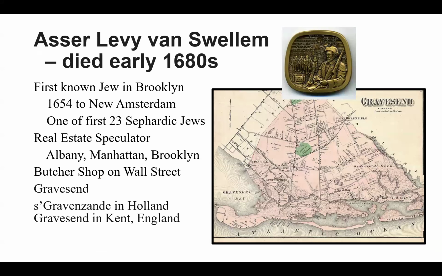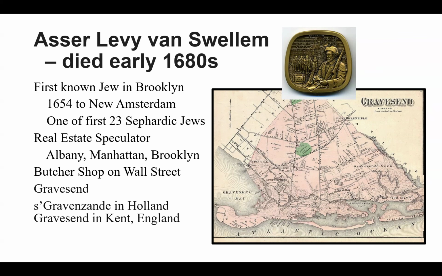Well, the first Jew who we know of who settled in what is today Brooklyn was Asher Levi Van Swollen. The only thing we know about him is that he died in the 1680s. He came to New Amsterdam in 1654, and it is believed he was one of the first Sephardic Jews on the ship fleeing the Portuguese colony of Brazil.